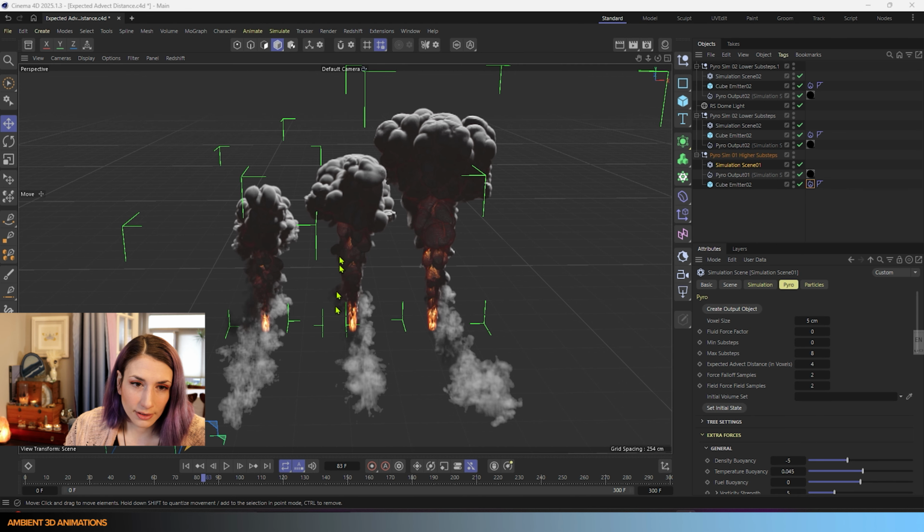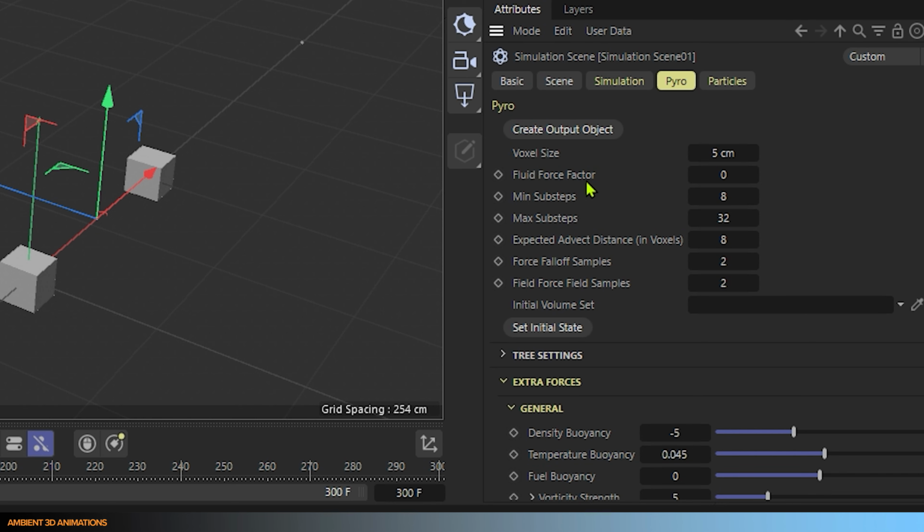Basically, the motion of the fire is moving the density of the fire, the smoke and the flames and all of that. So this is all being moved. And when it's talking about advect distance, it is talking about the distance in voxels that it can move per substep.